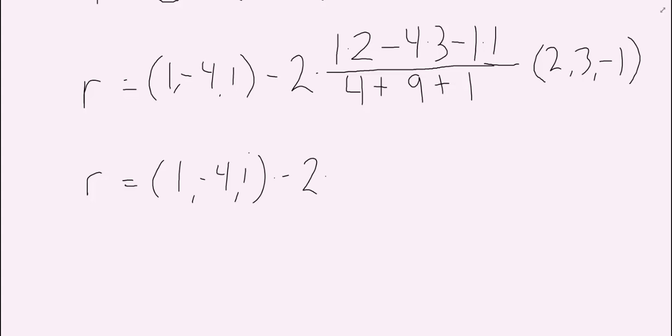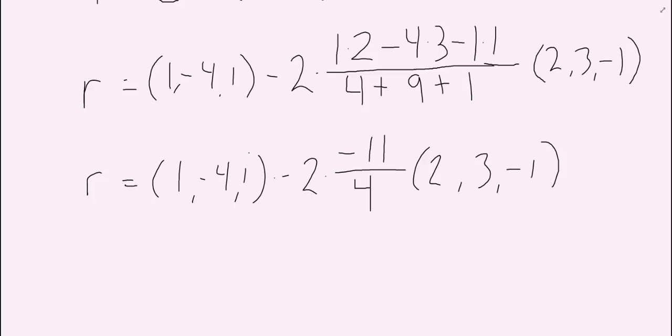That's minus 11, divided by 14, times the vector 2, 3, minus 1.